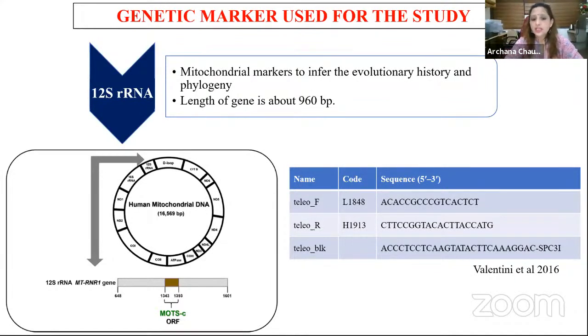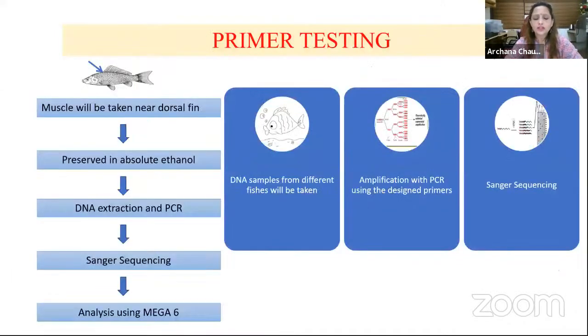Although the gene is 960 base pairs in length, for metabarcoding purposes the amplicon size was only 120 to 130 base pairs. As Professor Dirk pointed out in his talk today, the primer is the most important part in eDNA metabarcoding.